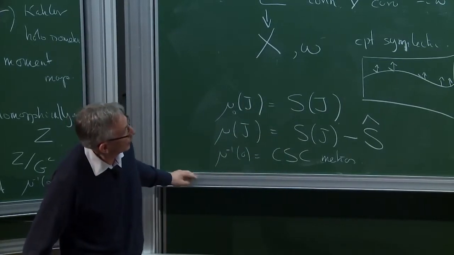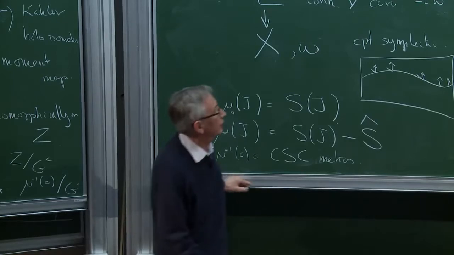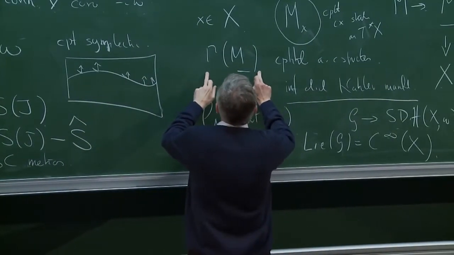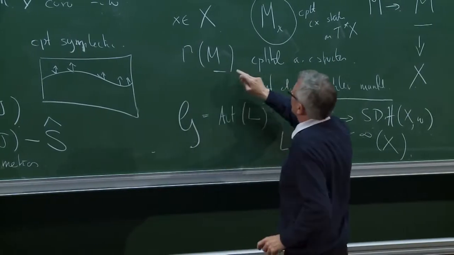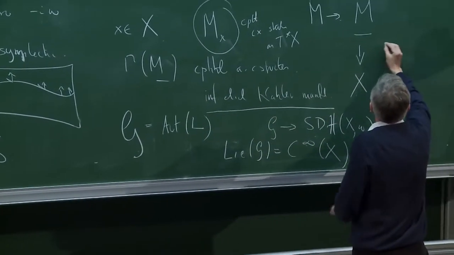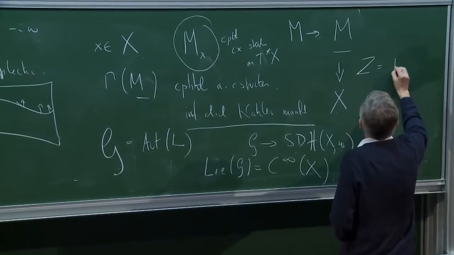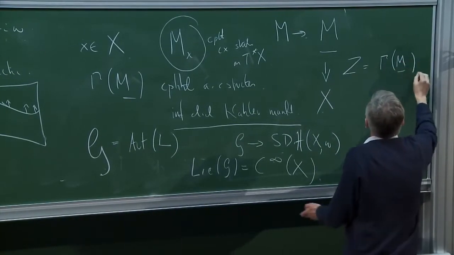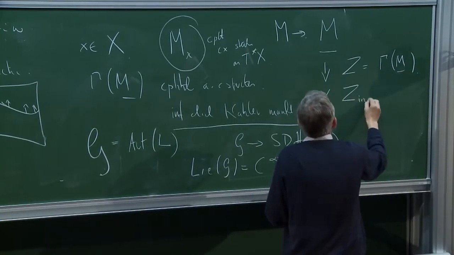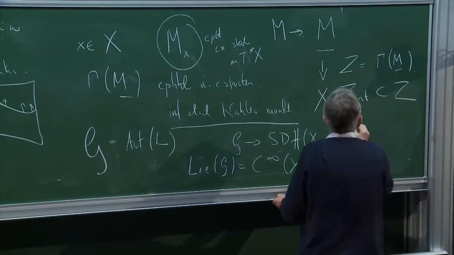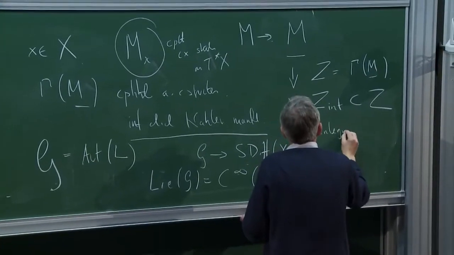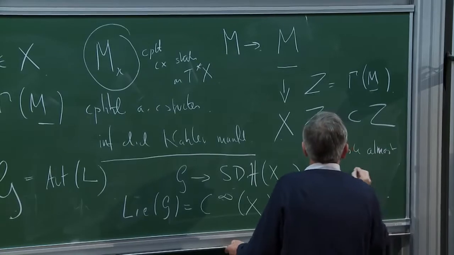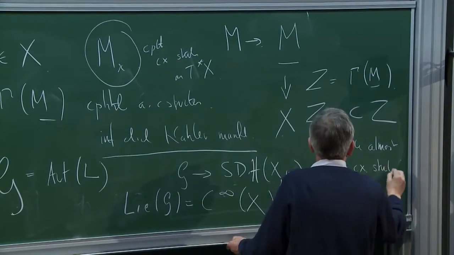This slightly ignores some technicalities, but if we want to go back to the problem we were originally interested in, we want to look at a subset of this. So let Z be the set of integrable almost complex structures.